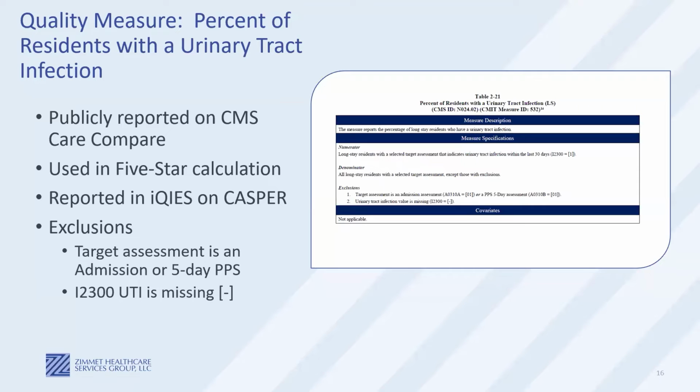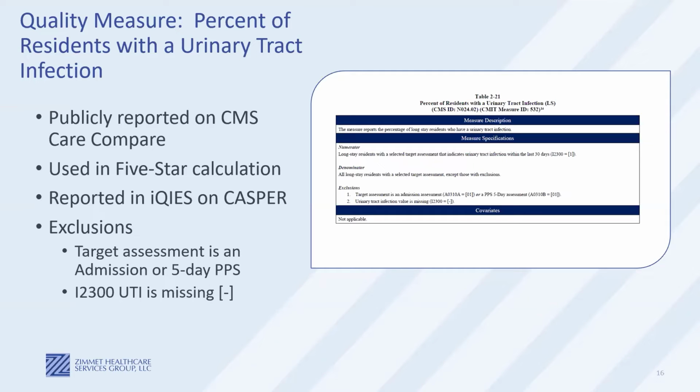The only other exclusion is if in I2300 UTI that information is missing, if it's dashed out. That's really not an item that you would dash out because if they don't have a UTI, you would leave it blank. So putting a dash in that space would not really be appropriate.